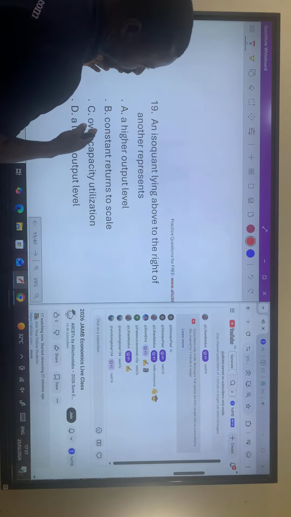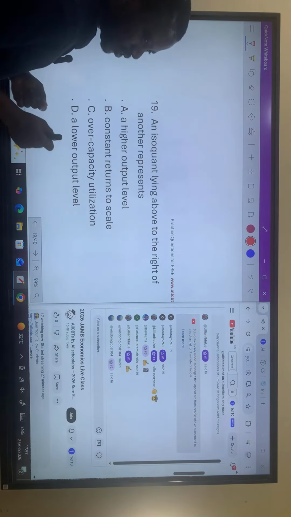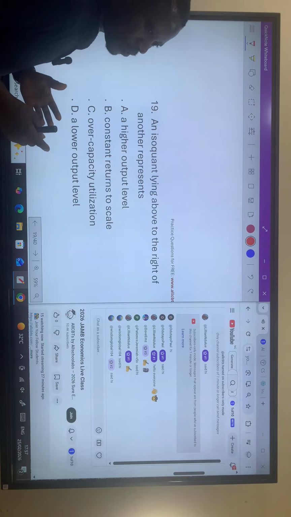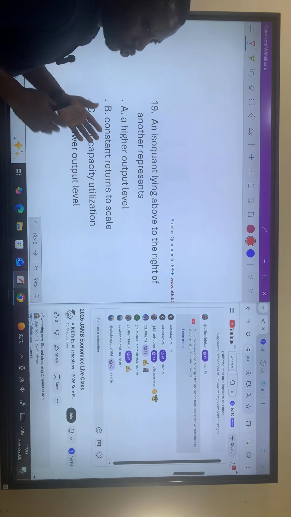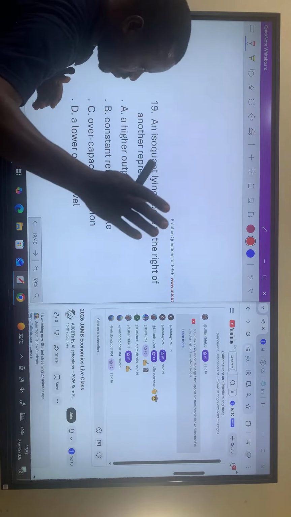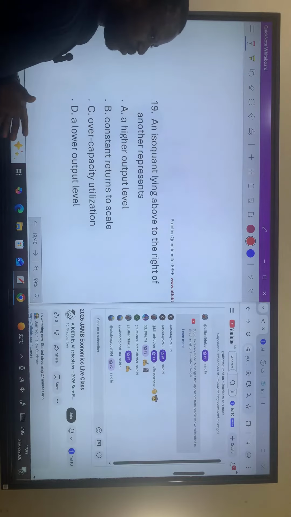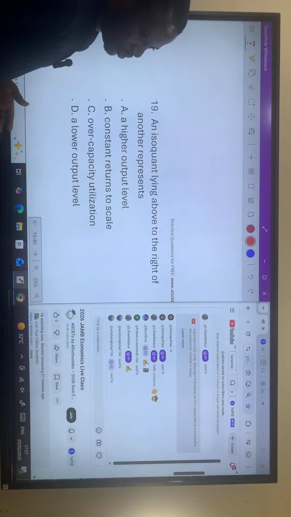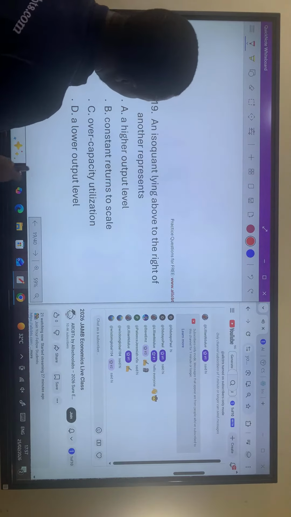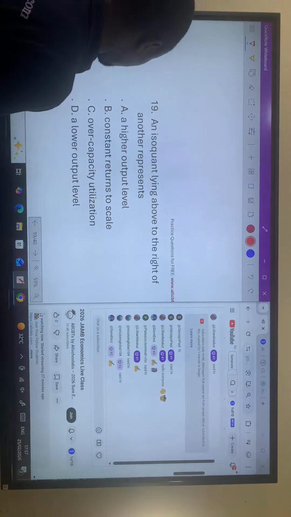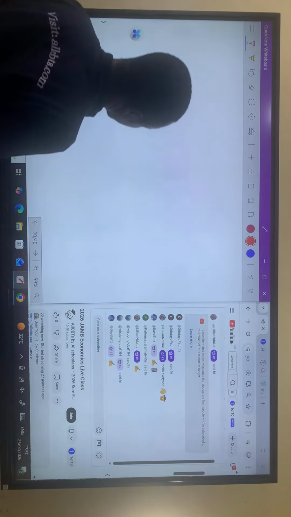We are producing two items at the same amount with the available resources. It's different from that of a PPC, production possibility curve, where you use the available resources to juxtapose between two products. That if you produce more of this, you produce less of the other one. That's PPC. But for the isoquant, it's talking about producing them at a balanced rate, equitable sharing of the available resources between the two of them. So when it's to the right, it's higher output, and when it's to the left, it's lower output. Option A is the correct answer.